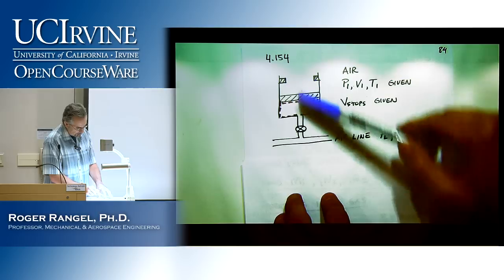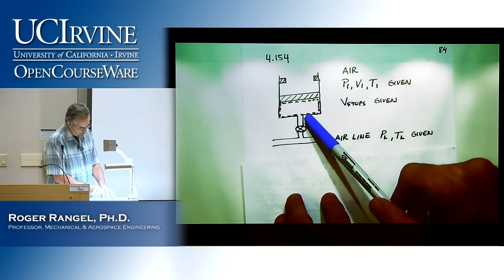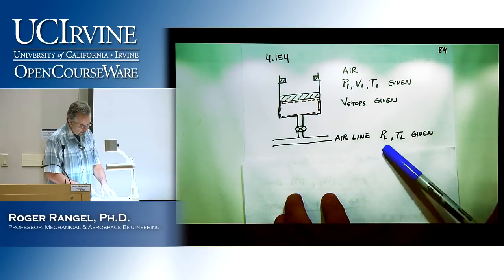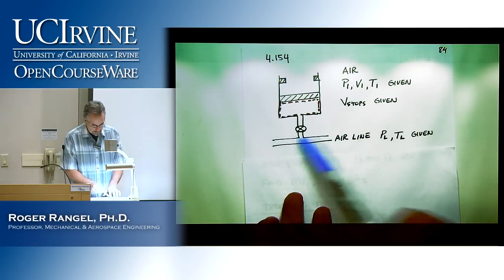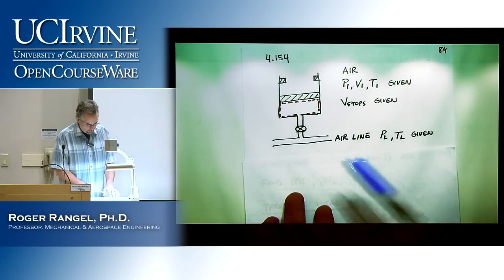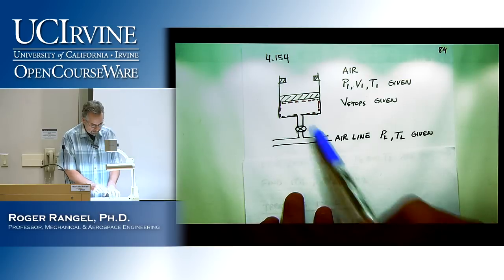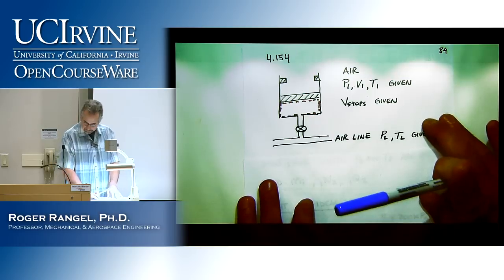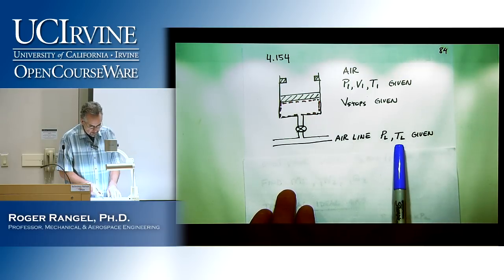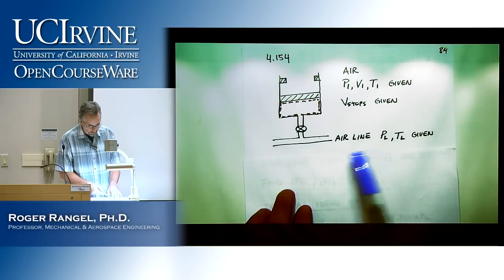And this cylinder is connected through a line that carries air. So air is flowing through this line, and there is a valve that connects the line to the cylinder. And this is what we have. We know the conditions of the air in the line.